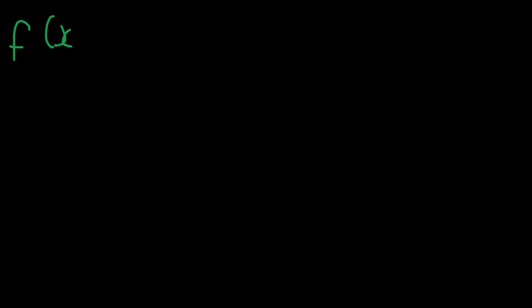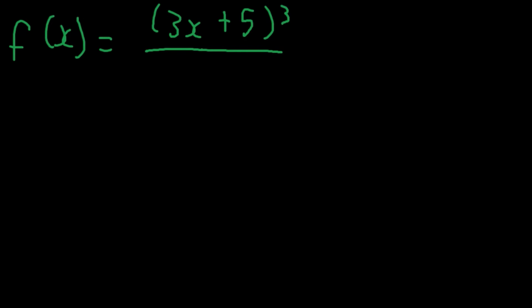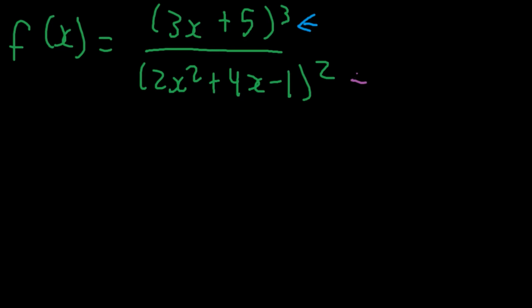So let's look at f of x equals (3x plus 5) cubed divided by (2x squared plus 4x minus 1) all squared. Well, this is going to be our top function, and this is going to be our bottom function.